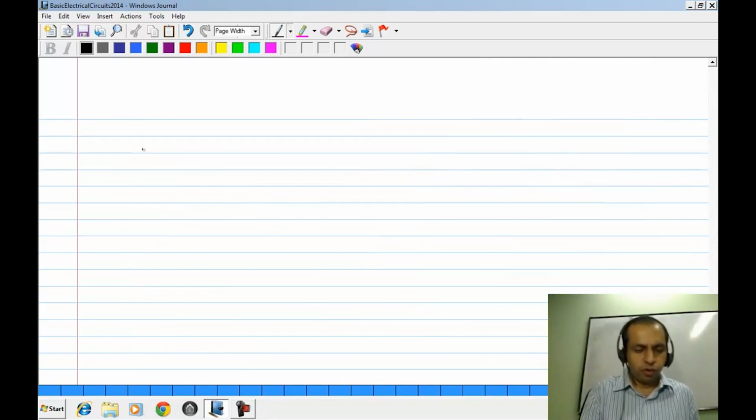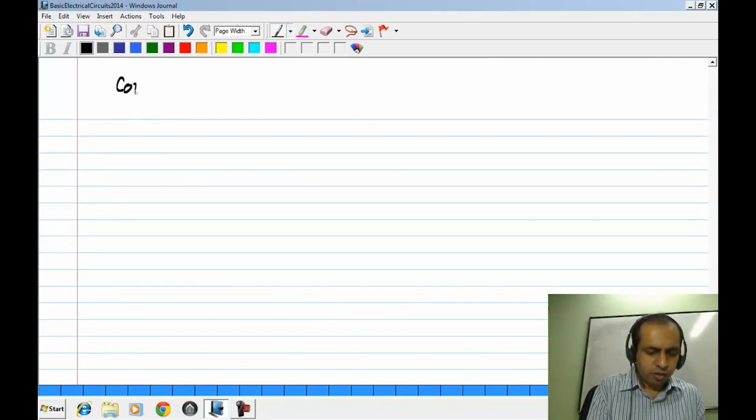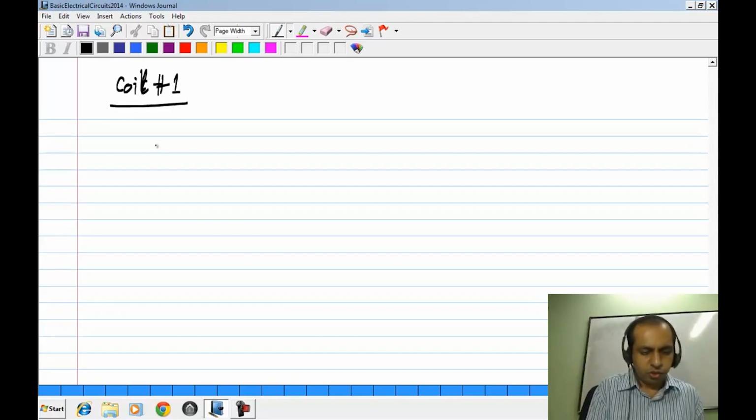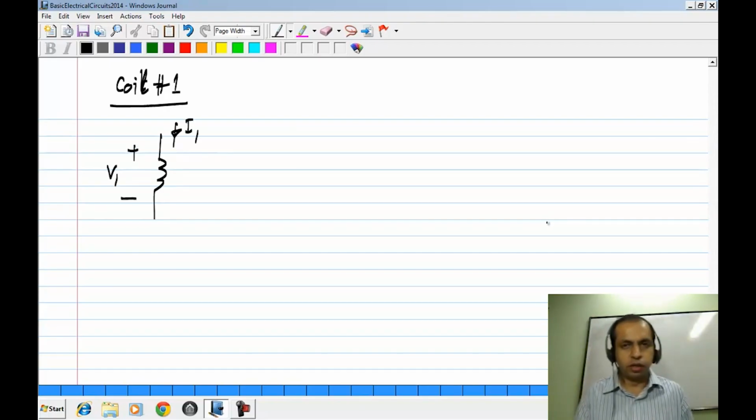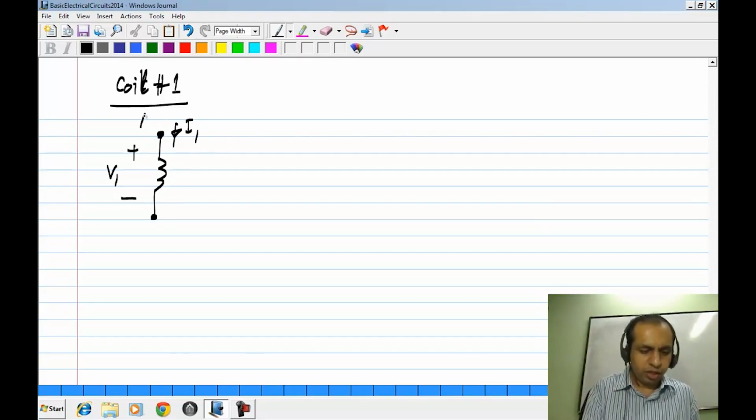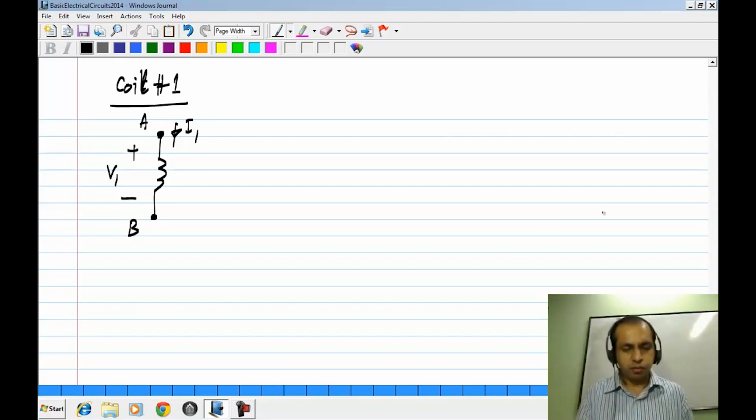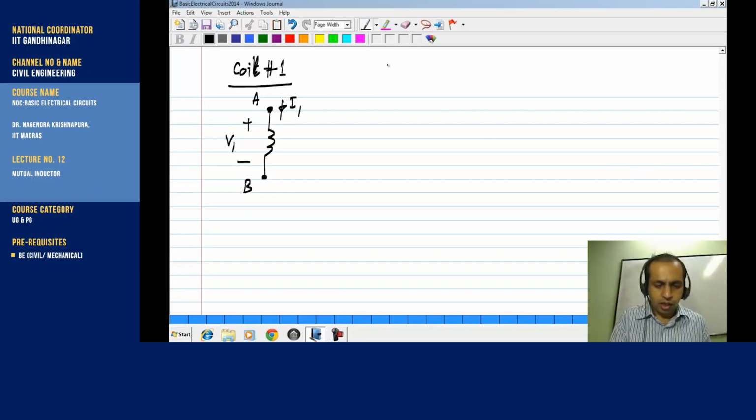Now, if you have been careful, you would have noticed some ambiguity. That is, let me take the 2 coils again. If I take the first coil by itself, I will define V1 and I1 according to the passive sign convention, and to remove any ambiguity, let me call these terminals A and B. A and B mark the physical terminals.